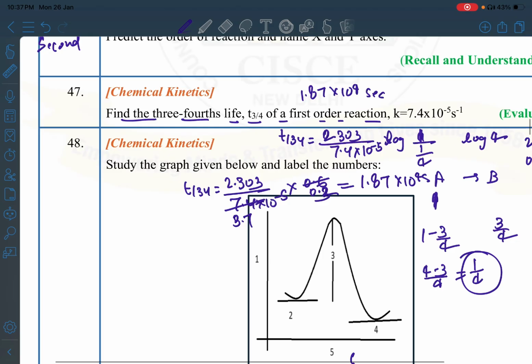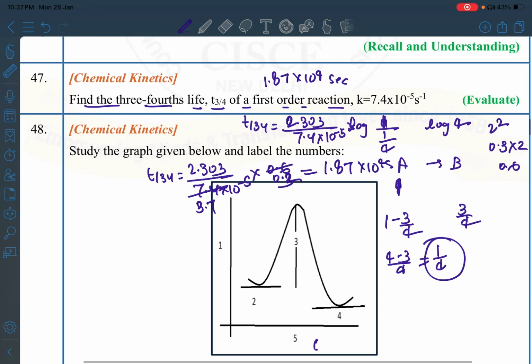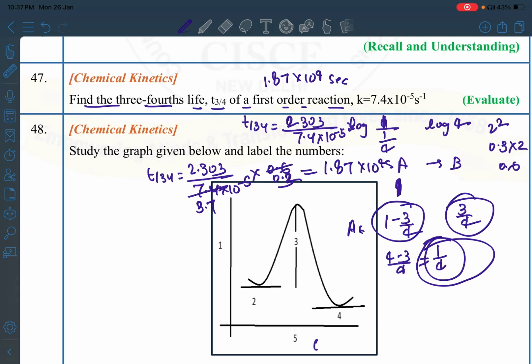You can do the calculation portion once again. If the initial concentration is 1 and we have to convert 3 by 4, so 1 minus 3 by 4 is equal to 1 by 4.